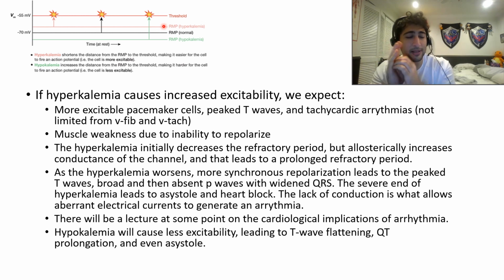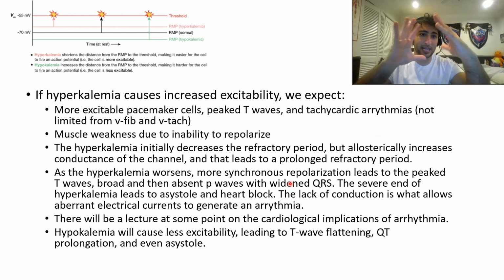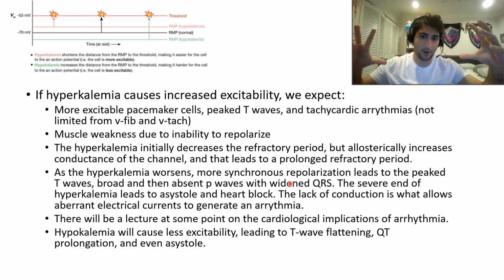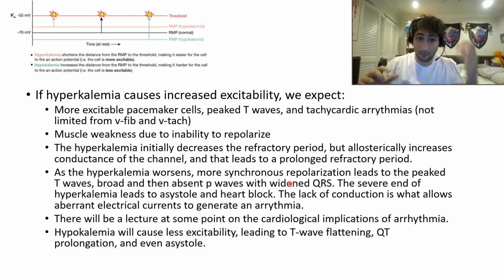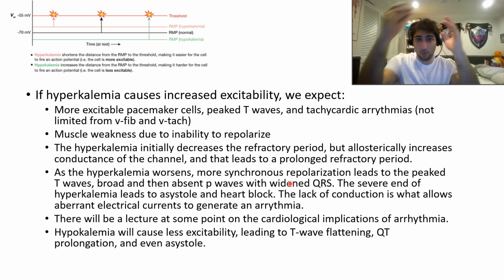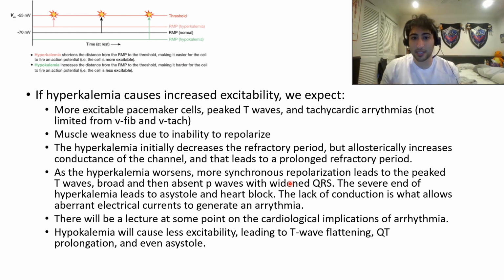If you can't repolarize because of hyperkalemia, your refractory period is going to become longer. All right? And so while hyperkalemia will decrease the refractory period initially, potassium will actually bind to its own channel and increase its conductance, and that prolongs the refractory period on top of all that.